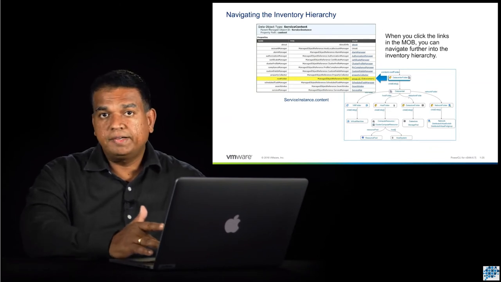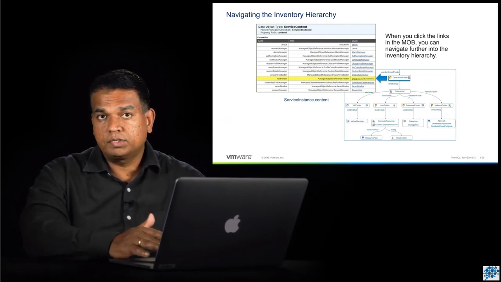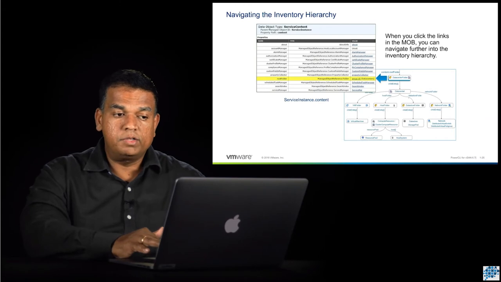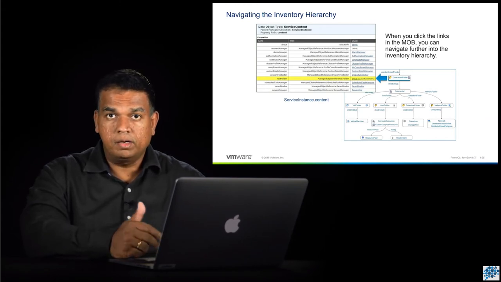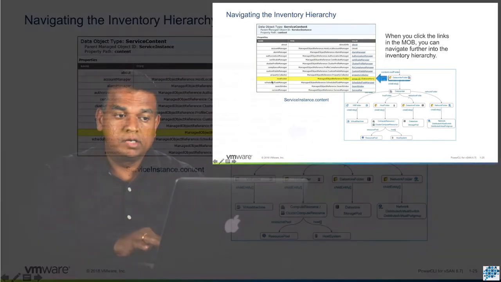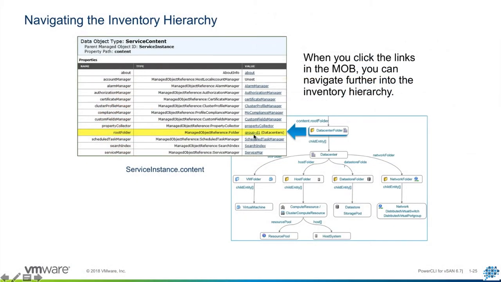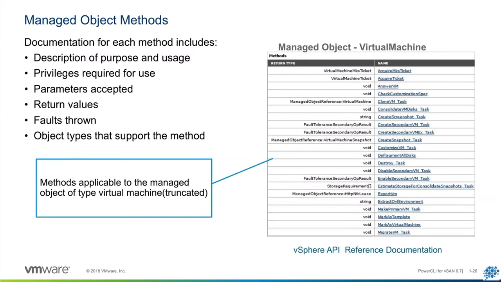Here I'm navigating through the Managed Object Browser, and after going through the content, you will see something called data centers, as we saw in the hierarchy on one of the previous slides. Here the data center is denoted by group-D1, and once you click on group-D1, you will go to the next items in the hierarchy, which might include your virtual machines, your hosts, your data stores and the switches. Everything can be accessed here.